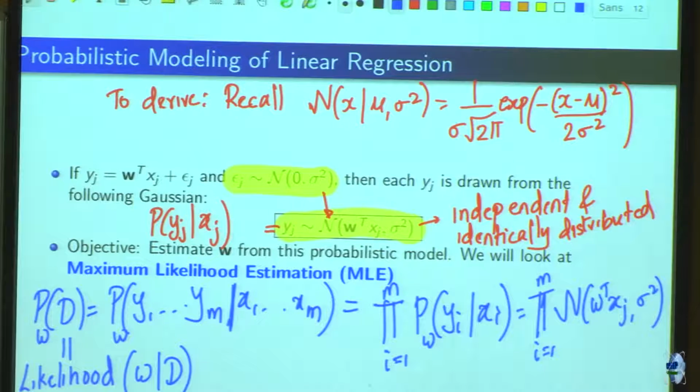The likelihood value associated with the observed data set when I evaluate it for one set of parameters. I change the set of parameters, the likelihood will change. So that's how it's a function of the parameters.